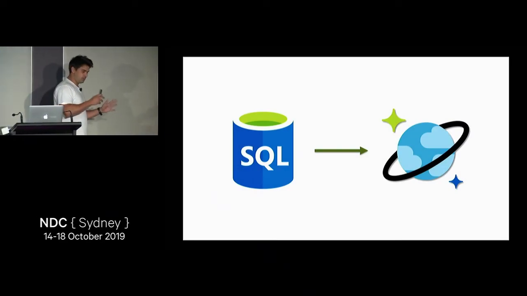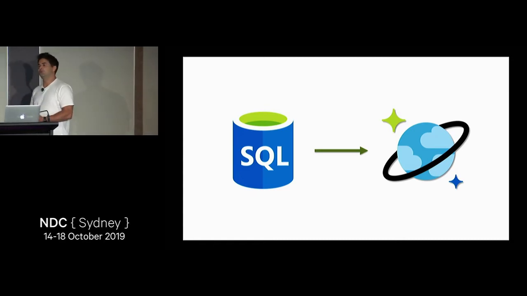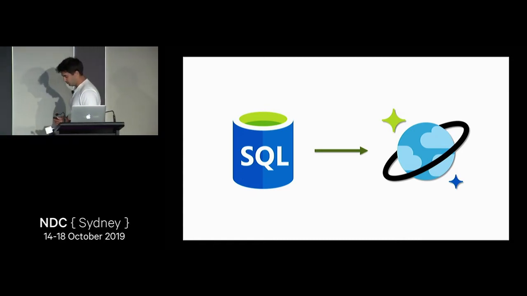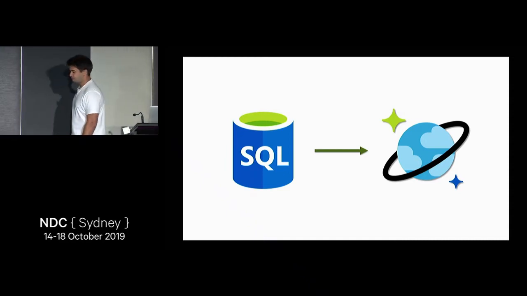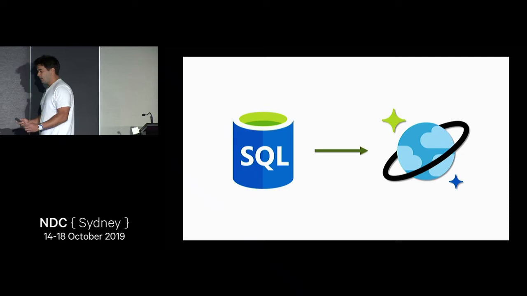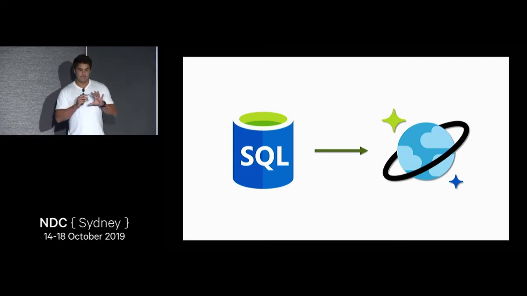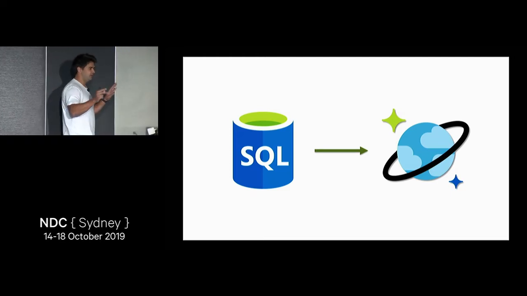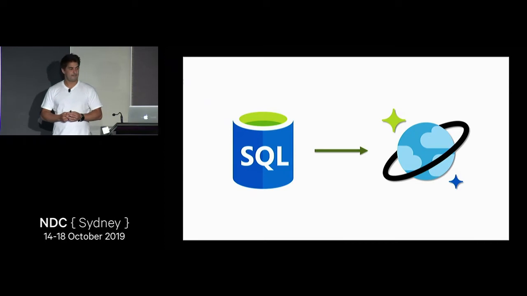I had a good story about the cost and how I saved money moving to Cosmos DB. The project that I was working on had a SQL database, an Azure SQL, and I was ingesting quite a lot of data. It was microservices getting data from a bunch of data providers and going to a SQL database.